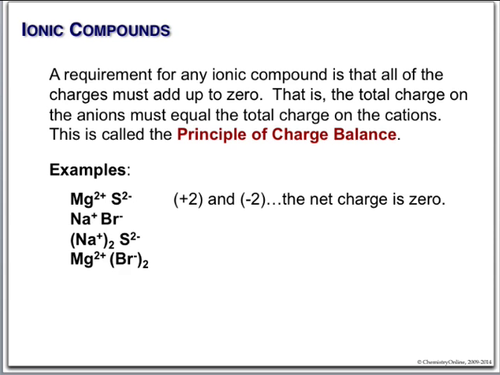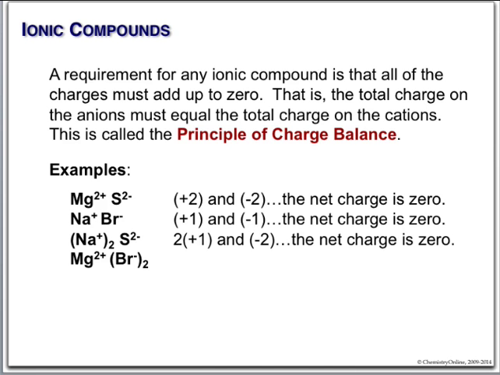Sodium and bromine, 1 plus, 1 minus, and we're 0. Now if we have an anion, like sulfide dianion, 2 negative charges, and we're pairing it with sodium, we need 2 of them to neutralize the charge. 2 positives, 2 negatives, again we're 0, and the same thing in reverse. 2 positives, 2 negatives, and we're at 0.